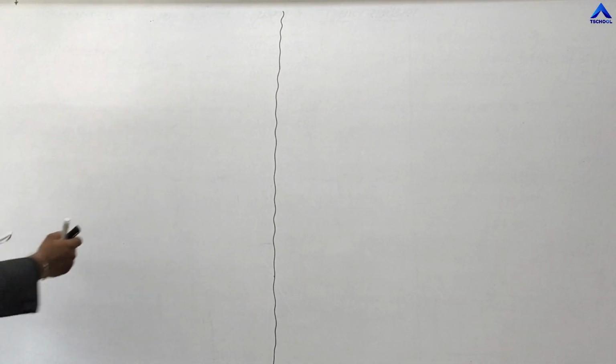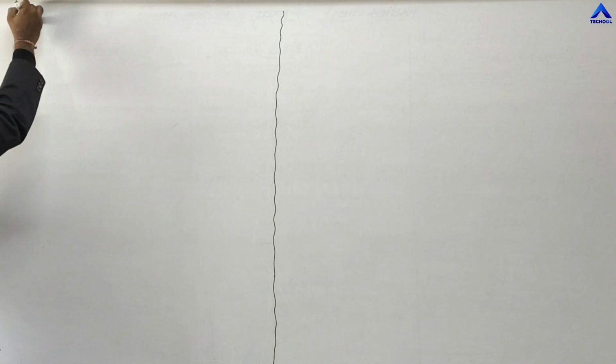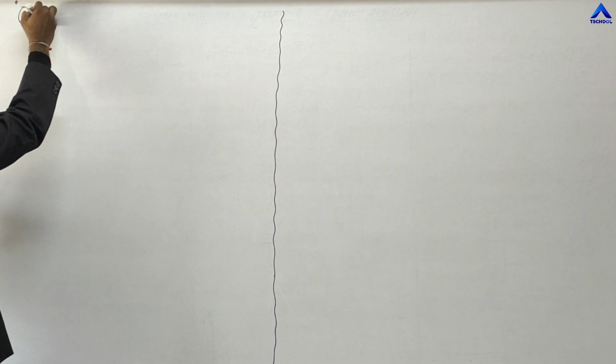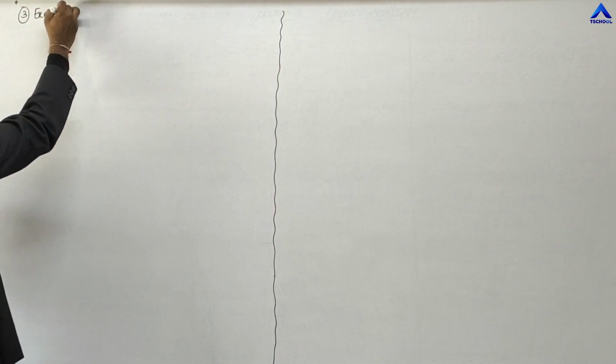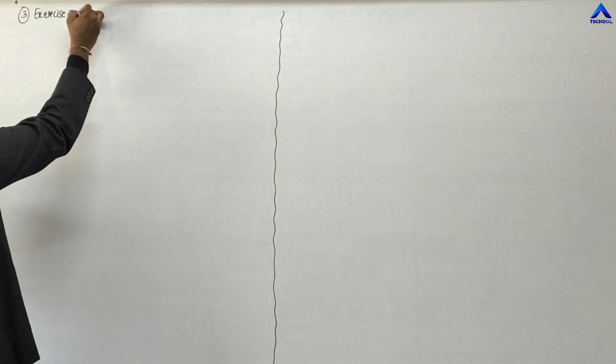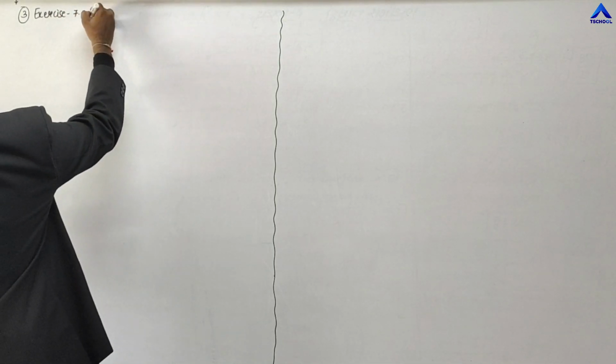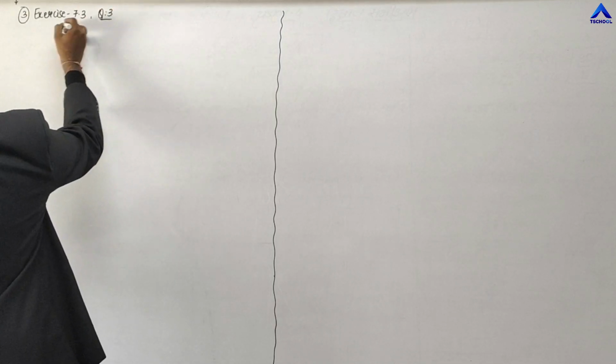Now, the next one, friends, it is an important one, as we need to find out the triangle. The question is exercise 7.3, question 3.